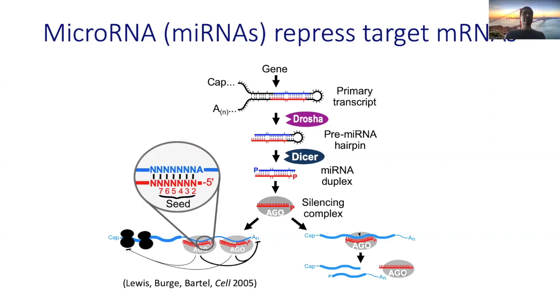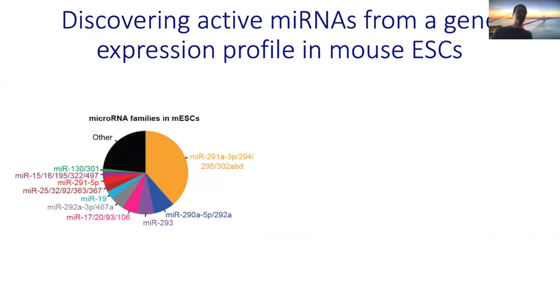So what I was interested in is investigating whether these residuals can actually give insight into active microRNAs in different cell types. So one cell type that I interrogated was mouse embryonic stem cells again. And I did something very simple, which is there's small RNA sequencing data from the cell type.